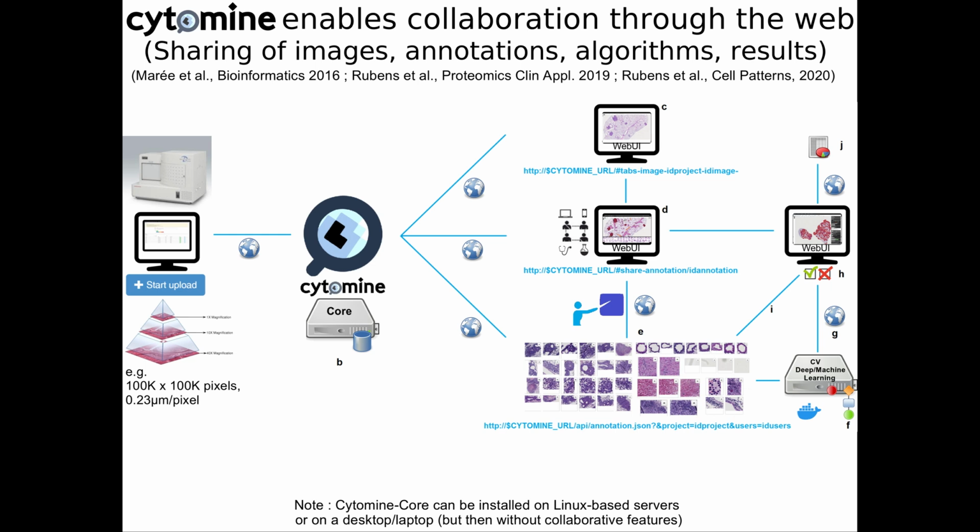So with Cytomine, once you install a server, you can directly share your images with your colleagues, and you can provide them tools to annotate these images on the web. And then this annotation can be used by deep learning or machine learning algorithms, which will produce image quantification, segmentation maps, etc. And you can visualize these results directly on the web platform and manage all your data collaboratively.